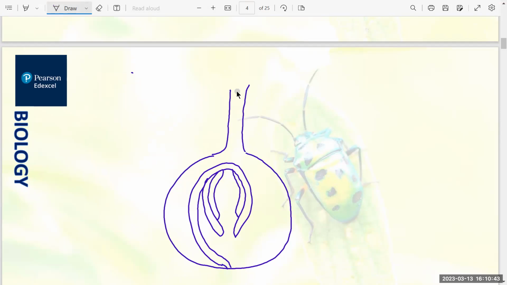Right now, this pollen tube is growing towards the ovule, and then it reached the end, right?